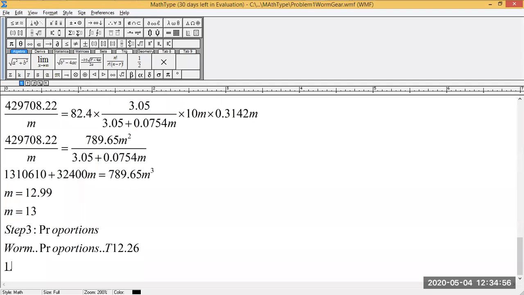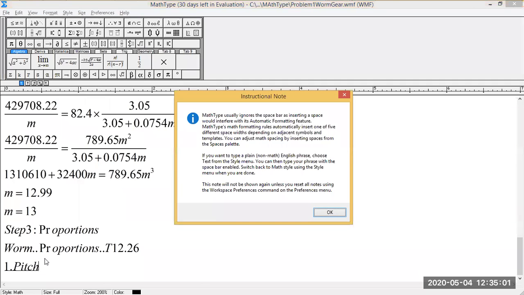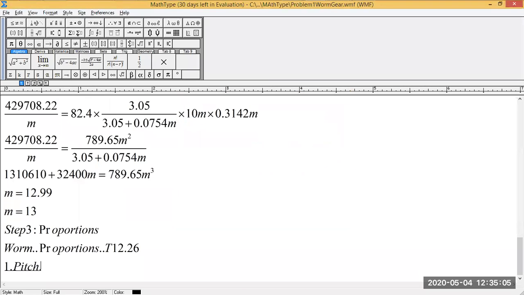So here only some key dimensions we'll find out. Number 1, let's say pitch dia is equal to D1. The D1 is 7.54 m plus 28.